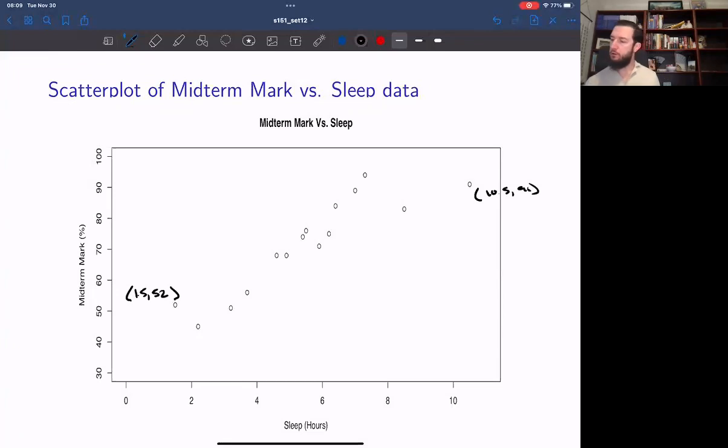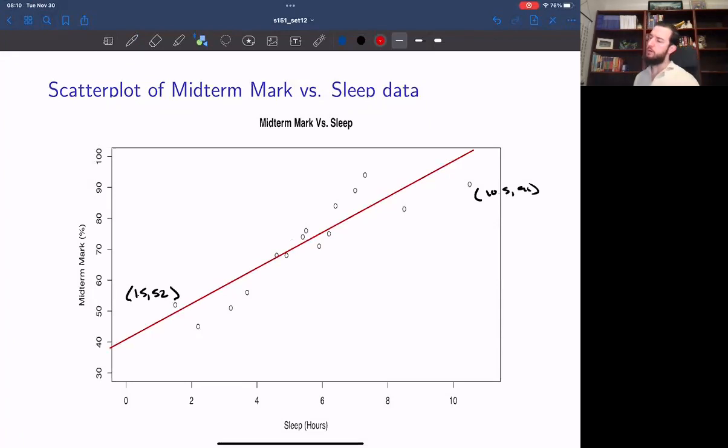So now what we're going to do is look at the plot and imagine that we stick a straight line on top of the points. So maybe we'd have a line that looks something like this here. What we're trying to do is visualize a straight line that cuts through the middle of the points, or appears to be as close to all the points as possible.